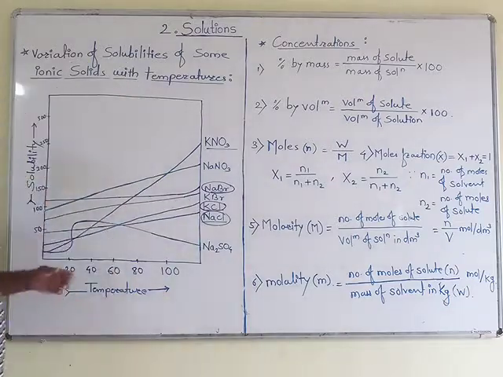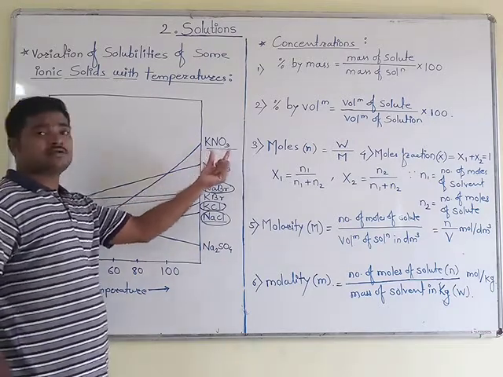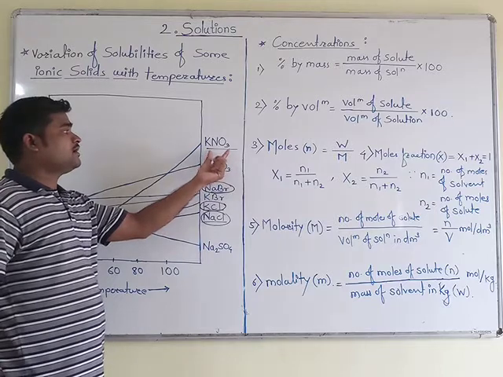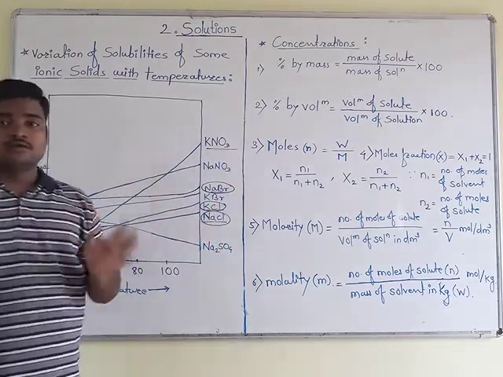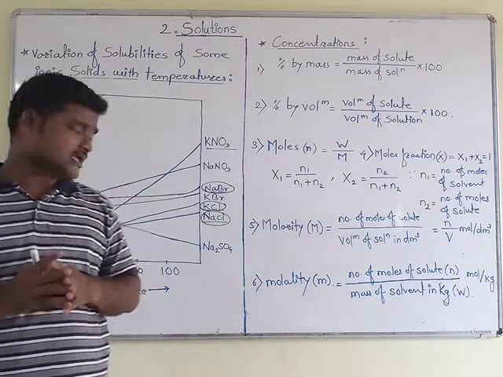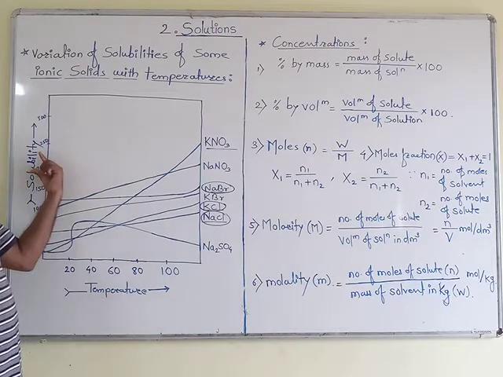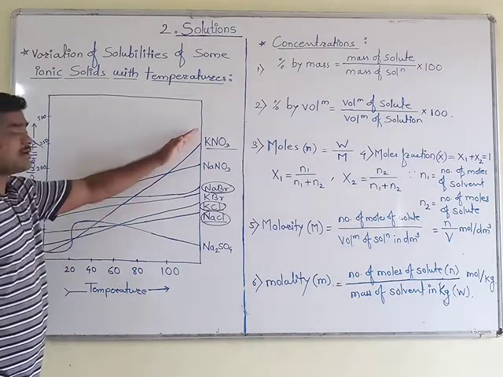But if you look at other ionic solids instead of these three, KNO3, NaNO3, KBr, for these ionic solids, with increasing temperature, solubility increases sharply.